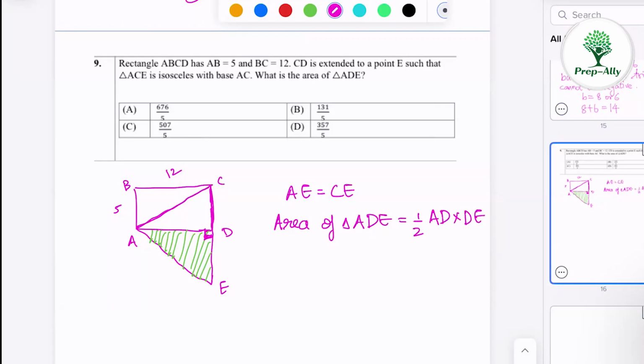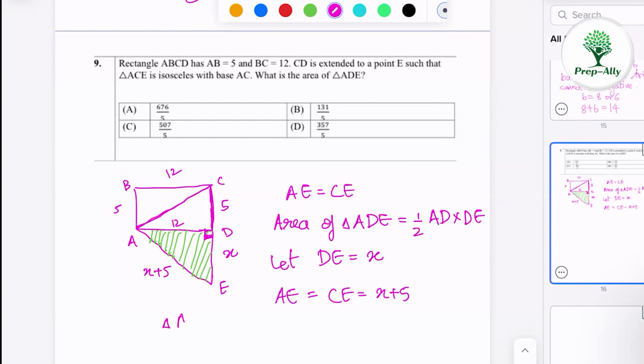Now, if we let DE equal to some X, and we know CD equal to 5 and AD equal to 12, right? So if CE is X plus 5, so AE equal to CE equal to X plus 5. So AE is also X plus 5.